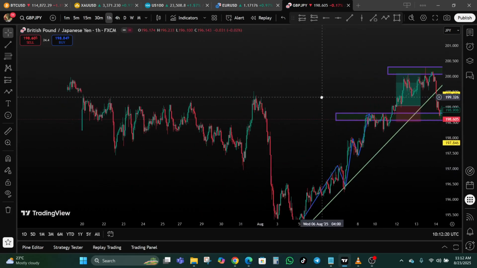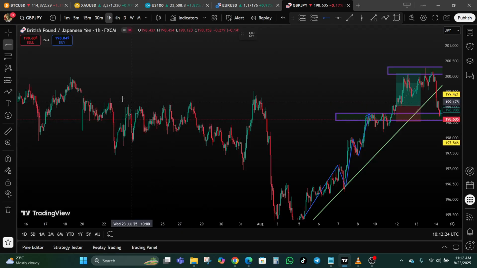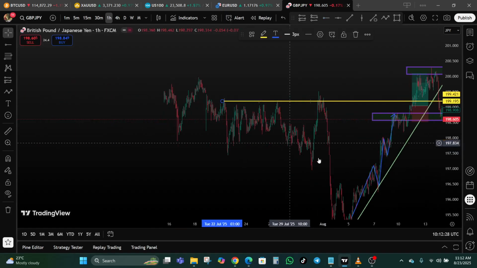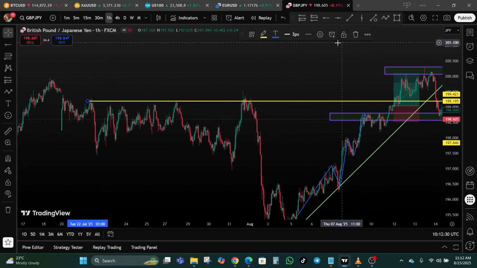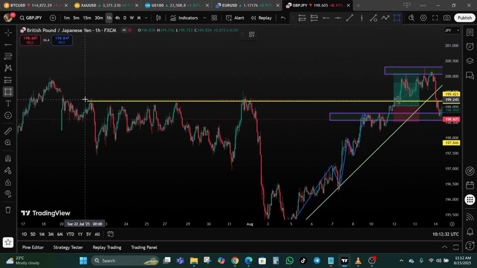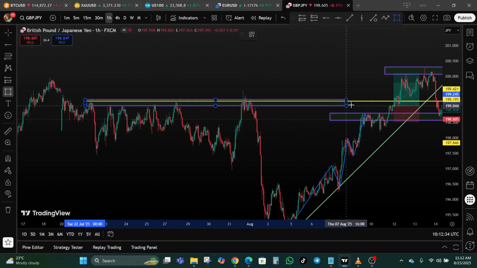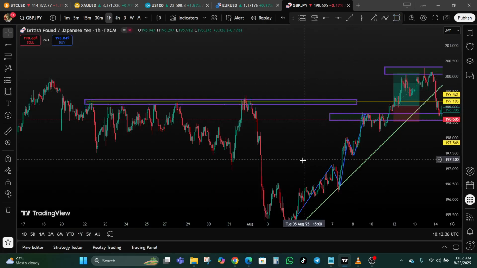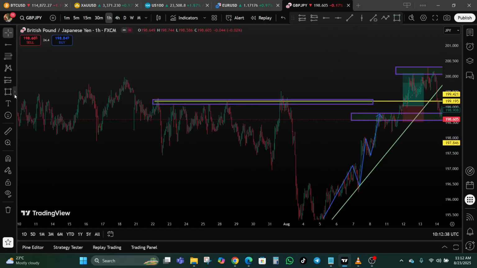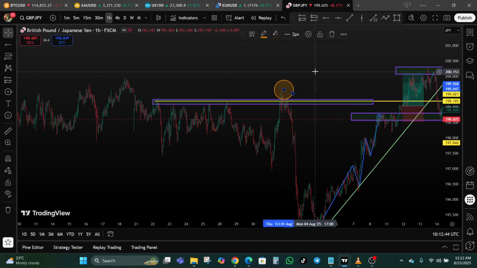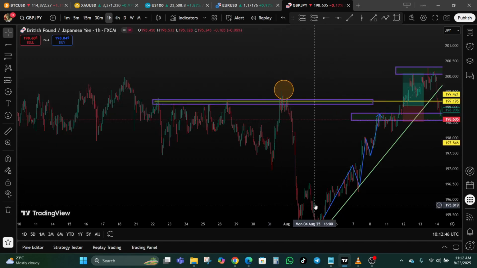Basically, when you have a resistance zone, for example, or a support zone, whichever one, and then you have price get to that zone and act as if it wants to break out, only for price to reverse.